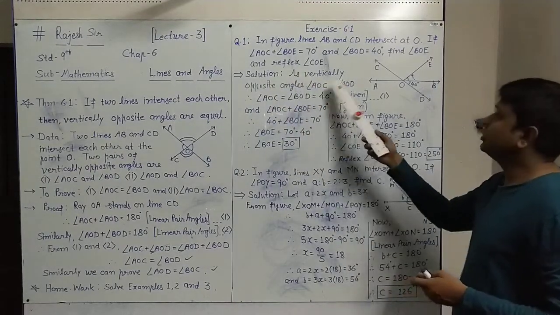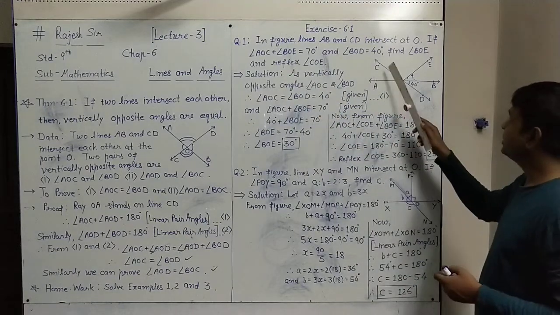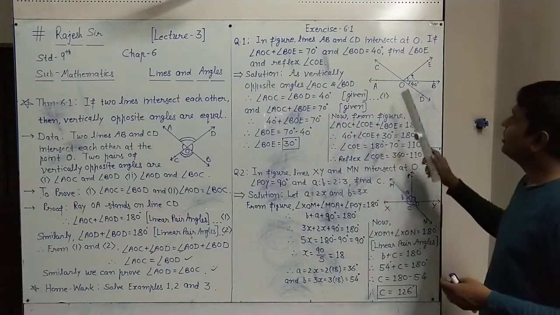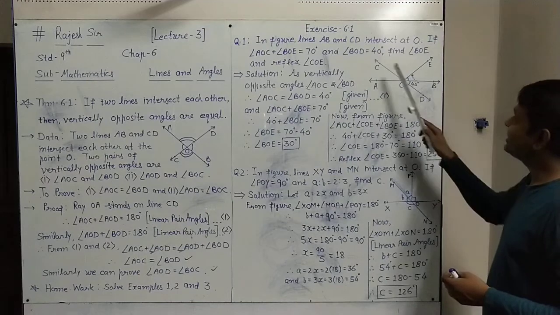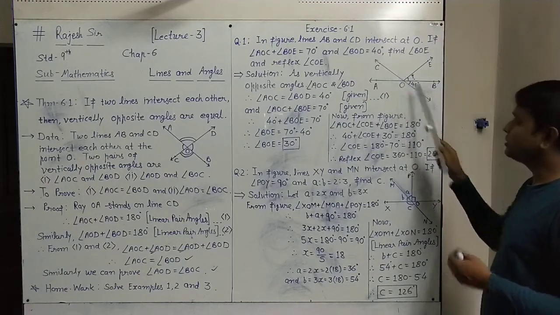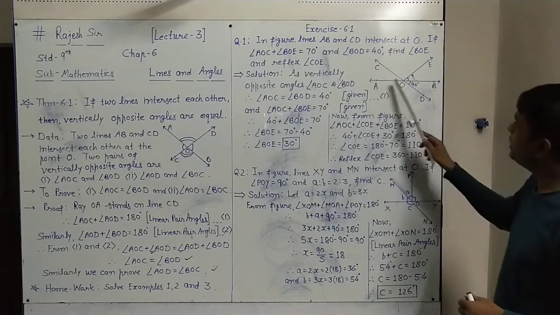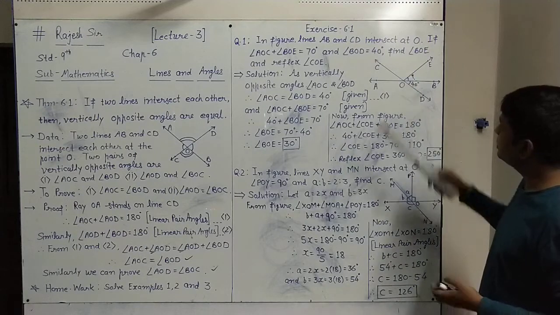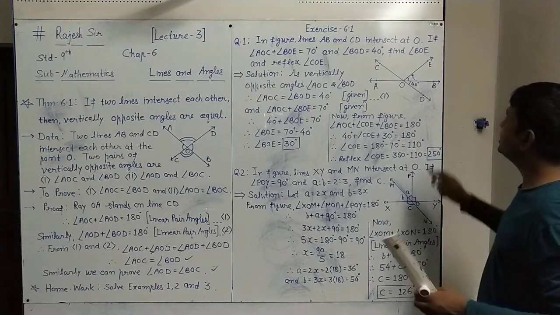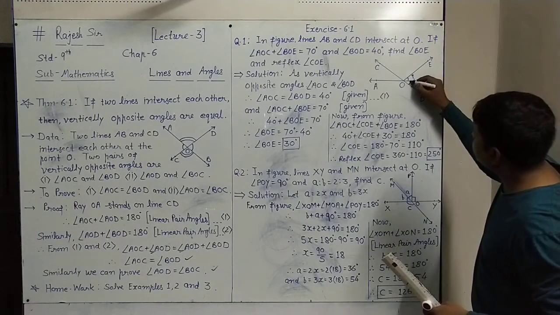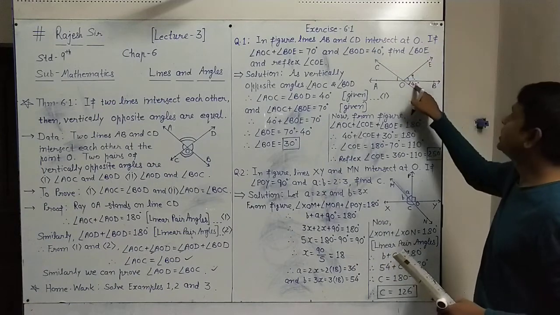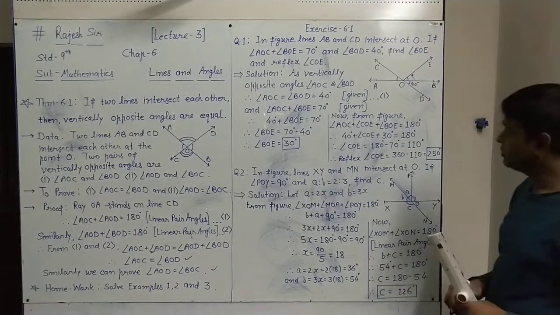Solution: as vertically opposite angles, in this situation we can understand that two lines AB and CD are intersecting at O. So angle AOC, this angle, and angle BOD, this angle, are vertically opposite angles, right?